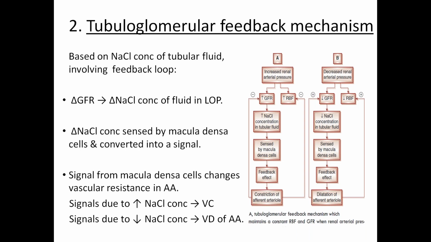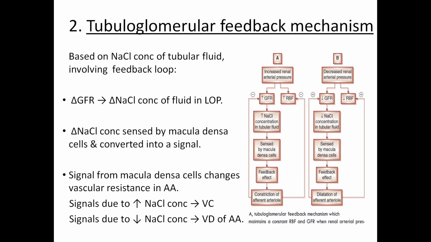Now this signal from macula densa cells changes the vascular resistance in afferent arterioles, which we just spoke about in the myogenic mechanism. And the signals obtained due to an increased NaCl concentration will produce vasoconstriction, and those due to a decreased NaCl concentration will cause vasodilation of afferent arteriole.